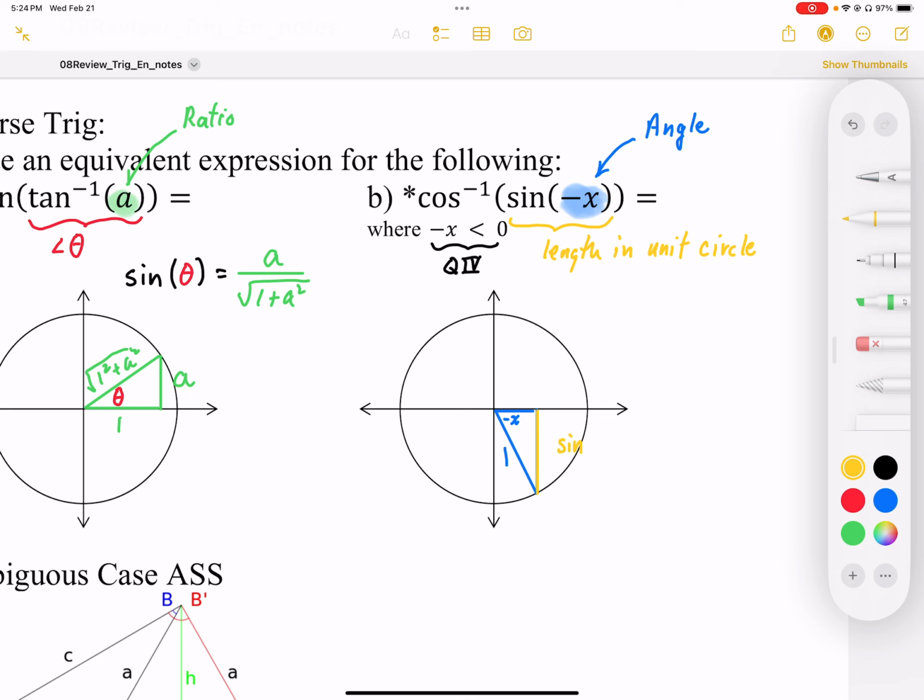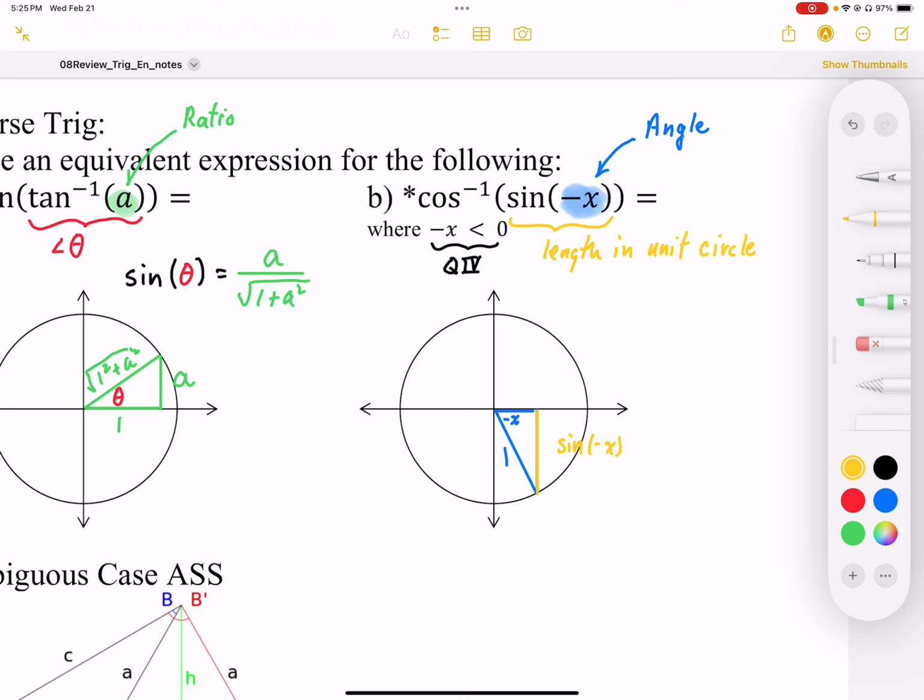So that length here is going to be sine negative x, and I can treat that as a length now. So I have this picture, but the question is asking me for the arc cosine, the inverse cosine. To do inverse cosine, I need to have the horizontal component. I know the horizontal component is going to be whatever sine negative x is.